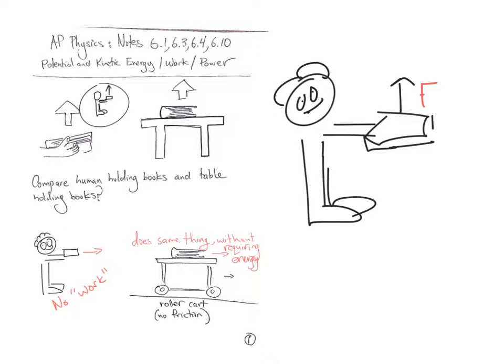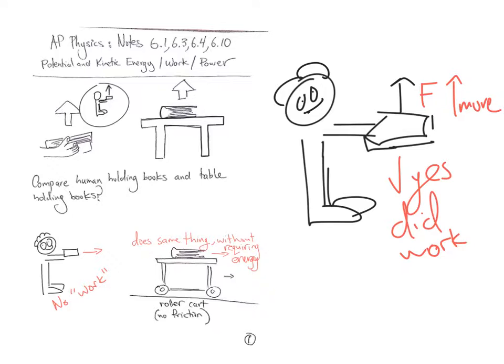So there's the force, and here's their movement. Then, yes, they did work, because a table or a roller cart is not going to be able to do that. It's not going to be able to lift the object against the force of gravity without some energy input. You have to plug it in, it needs batteries, you wind it up, there's a spring inside it, something like that. So yes, did work, and so we're going to say energy required.